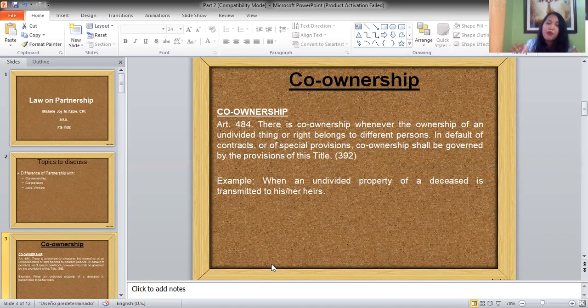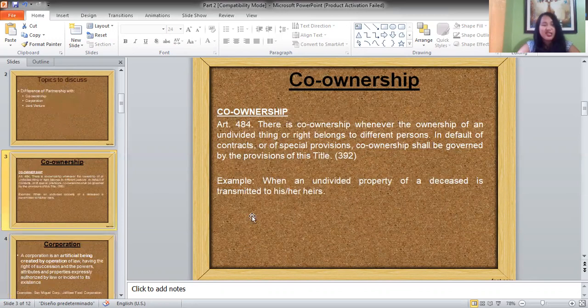Upon the death of the parent, and before the distribution to the heirs, assuming na walang will, the property that is left, the house and lot, will be under the co-ownership of these 3 heirs, yung kanyang mga anak. So we are going to differentiate that later on with partnership, okay? So let's just go to the definition now.